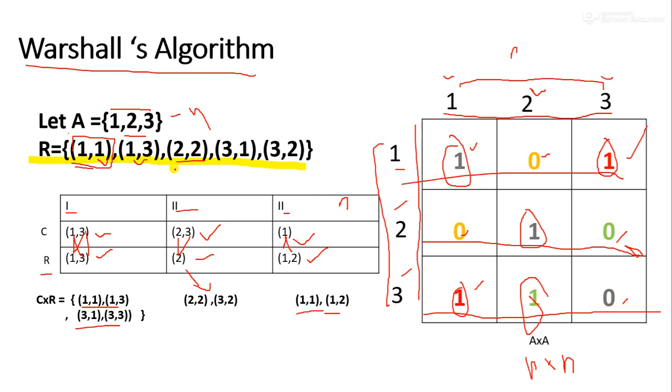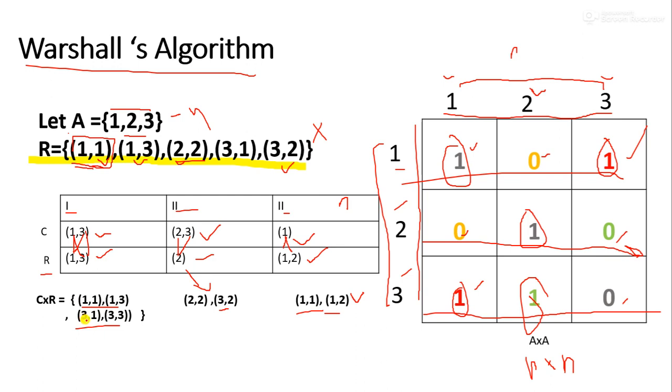Here we have 2 2, so we have 2 2 here. Here we have 3 2, so we have 3 2 here. We have 1 1 and we have 1 2, but we don't have 1 2 in this relation. Therefore this relation is not a transitive relation.